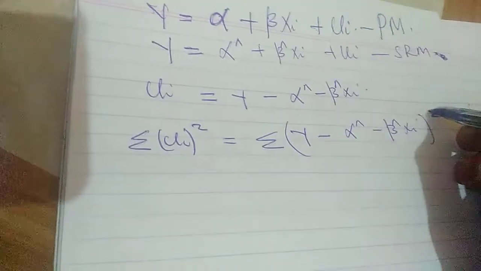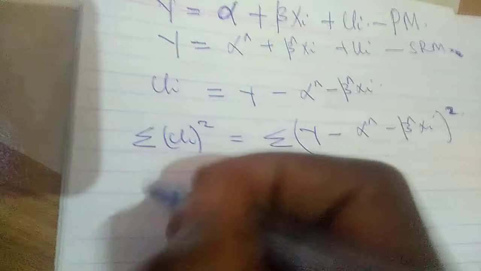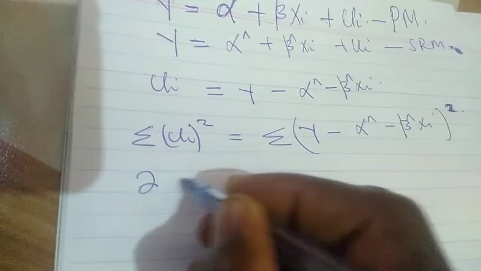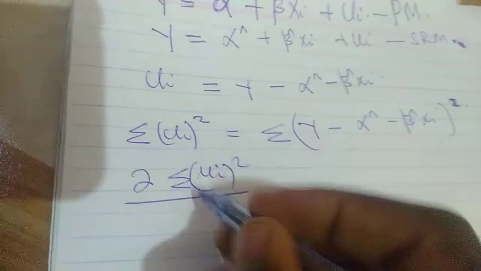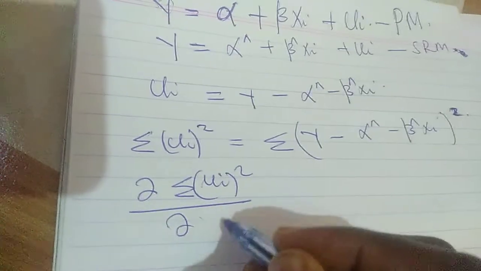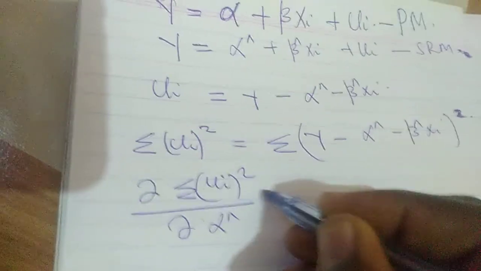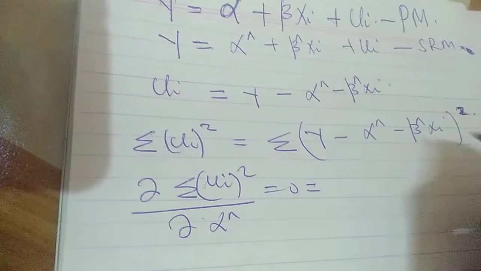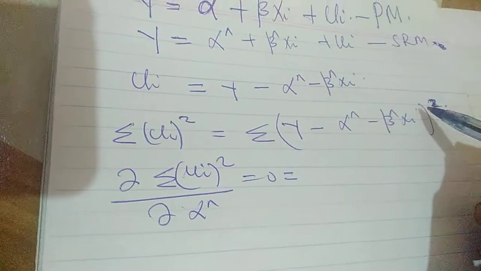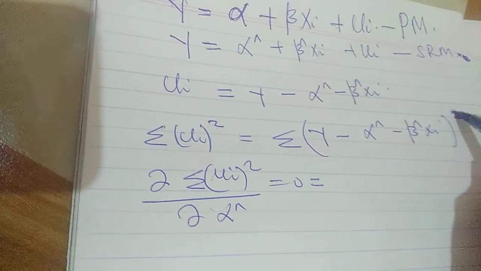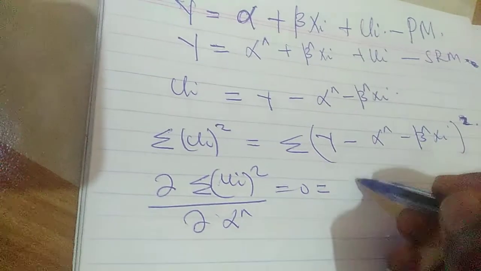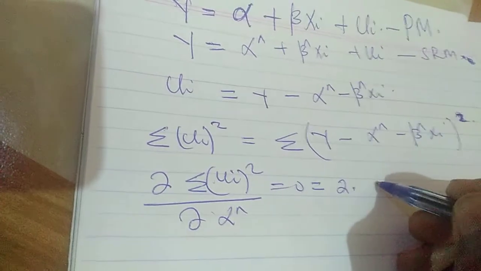Now, the next step is to take the first order conditions. The first order condition we equate to 0. We take the partial derivative of the sum of squared residuals with respect to the first parameter, of course, alpha hat, and equate to 0. For those who did mathematical economics well, we take the power, it is 2 times.